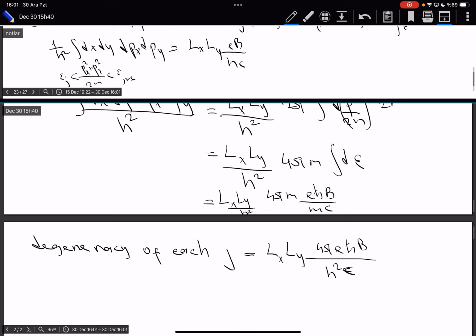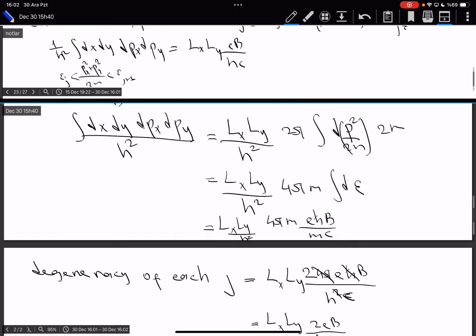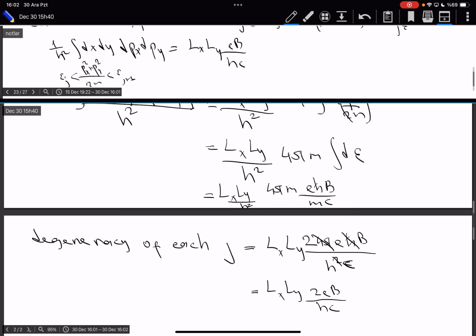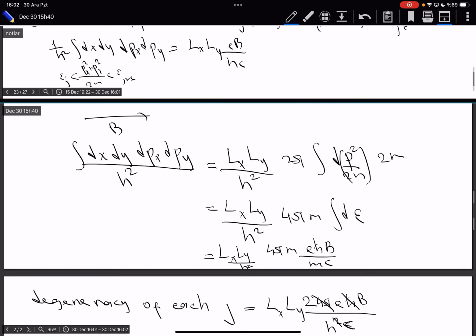Which, okay, h bar is h over 2 pi. So this cancels one of these, and there's a factor 2 over there, 2EB over hc. Okay, apparently I have a mistake of a factor of 2.